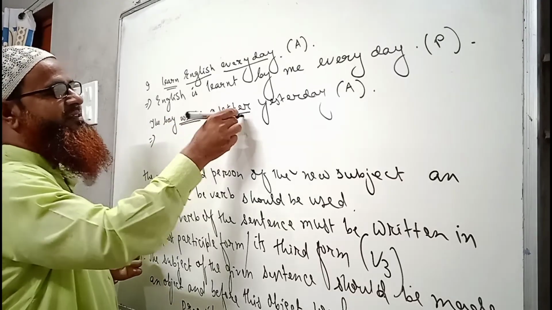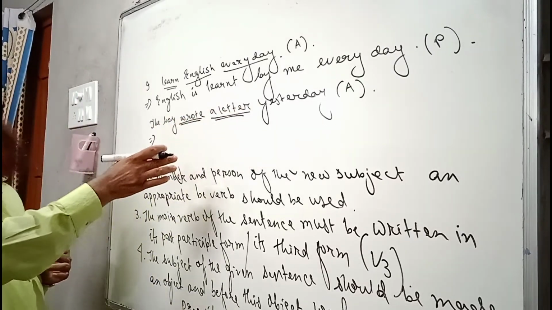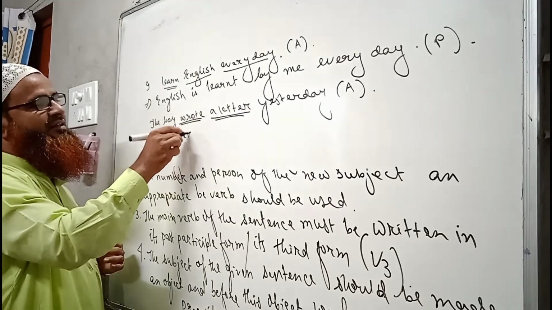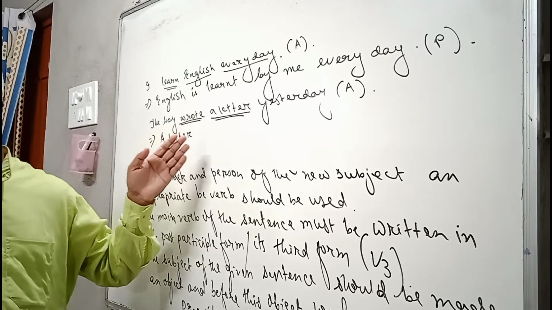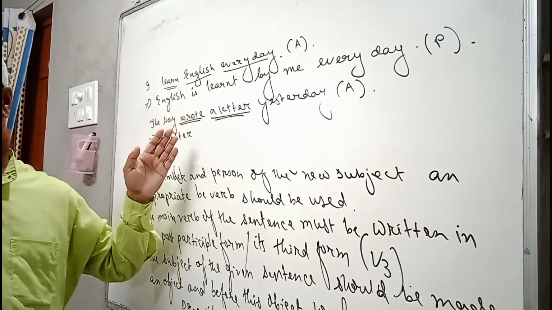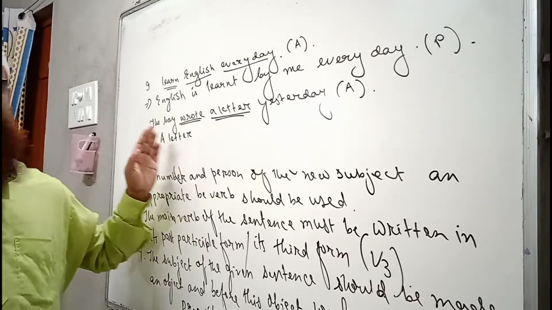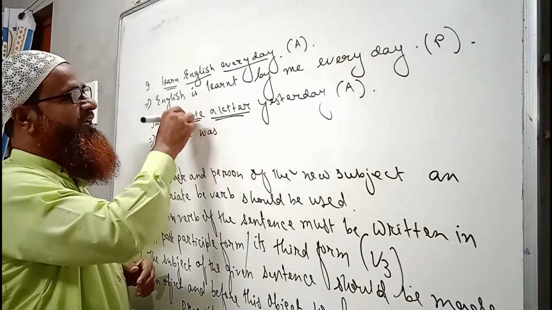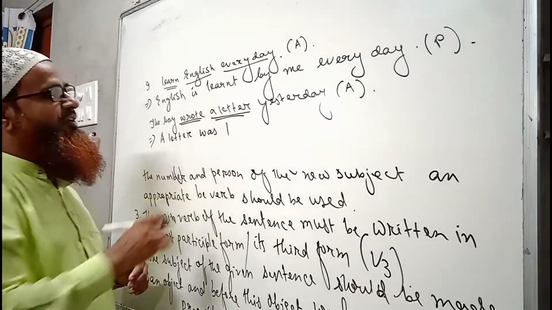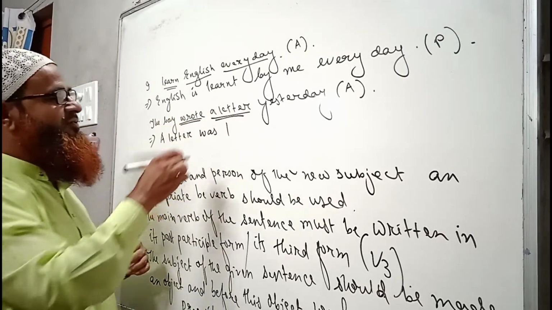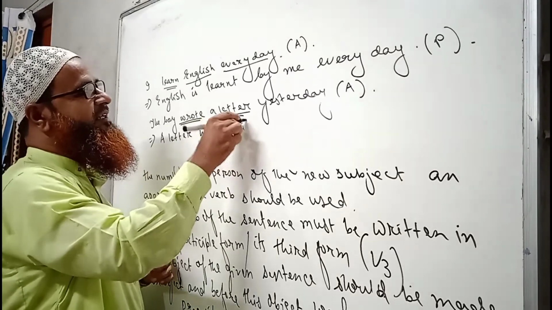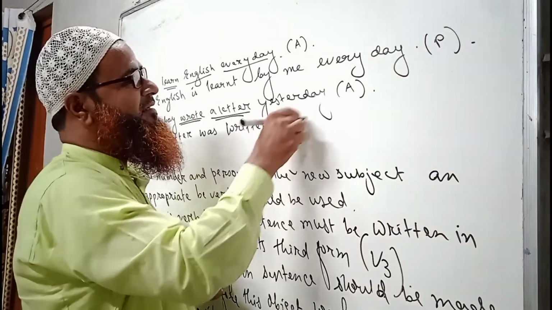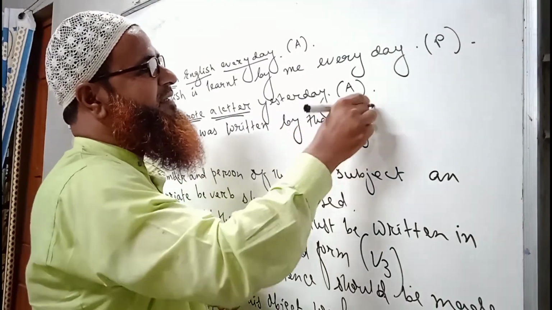And the object here is a letter. What did the boy write? Answer is definitely a letter. So a letter. Then the verb is wrote. That is why the verb here will be was. As the subject is a third person singular number, was will come. And we must always use the past participle form of the verb, that will be write, wrote, written. A letter was written by the boy yesterday.